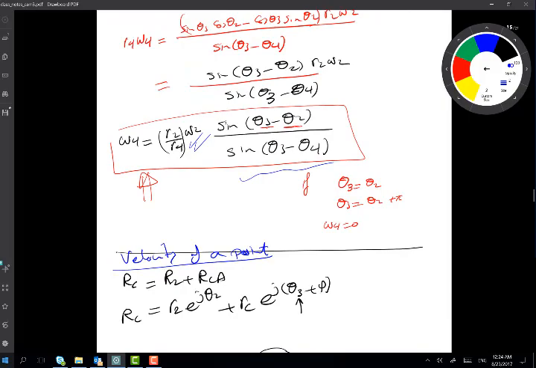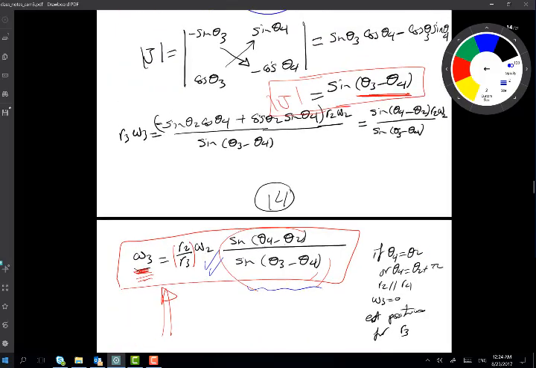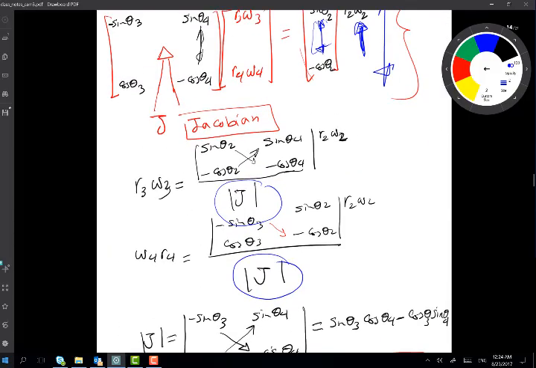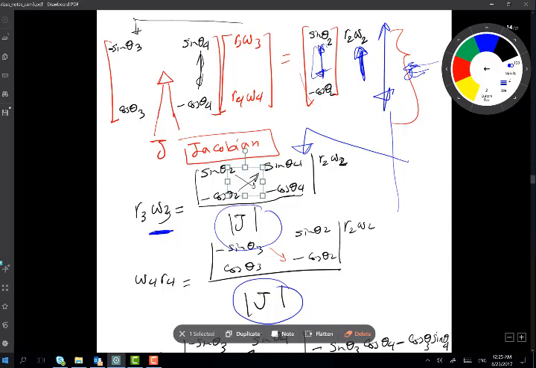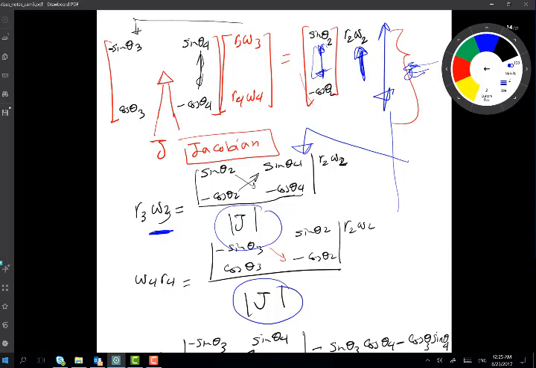In fact, those Jacobians are the ones I had on top when I calculated omega 3. This Jacobian would be the one I get if I place omega 3 on the right hand side of this equation here. This will be the system Jacobian, which would be underneath if I'm doing Cramer's rule or something like that.